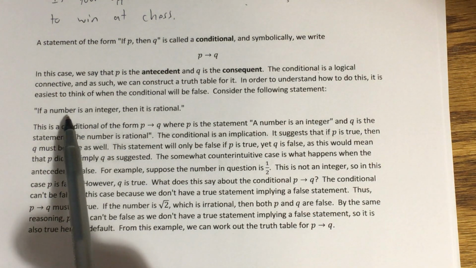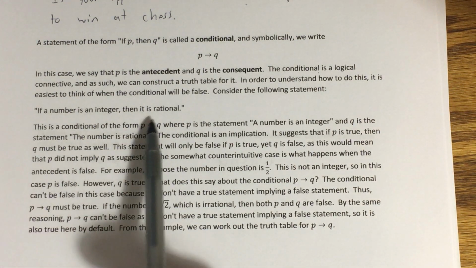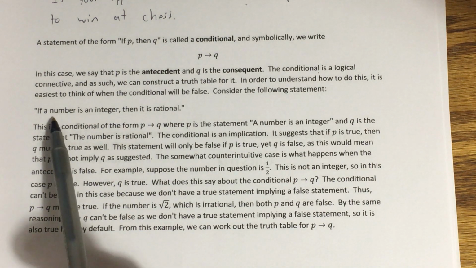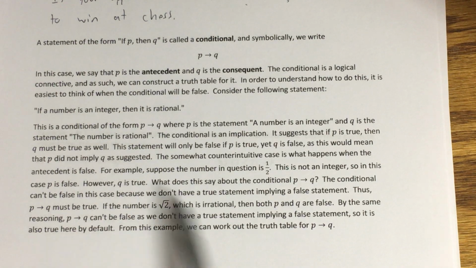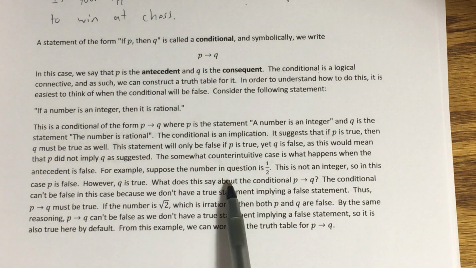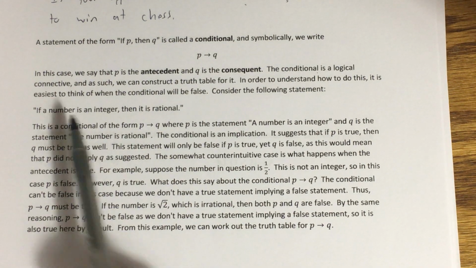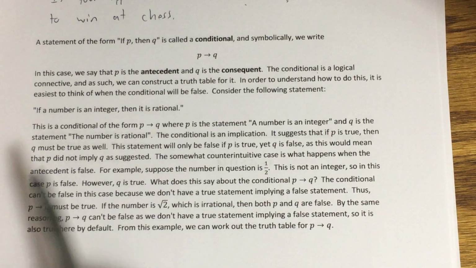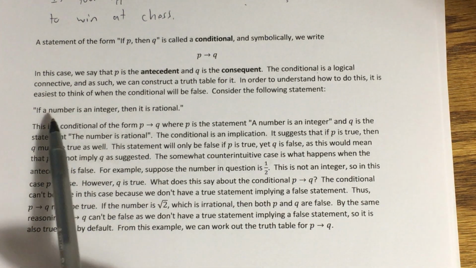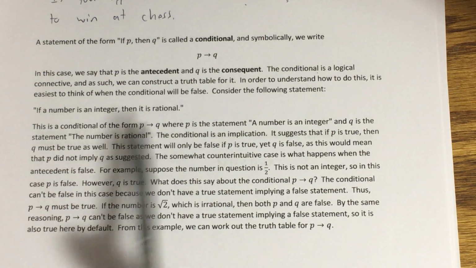However, what would it take for this to be false, or what would happen if my antecedent was false? There's a couple of cases I could look at. Let's suppose, for example, that the number being referenced here is the number 1/2. The number 1/2 is not an integer at all. It's a rational number. What does that example say about this conditional?